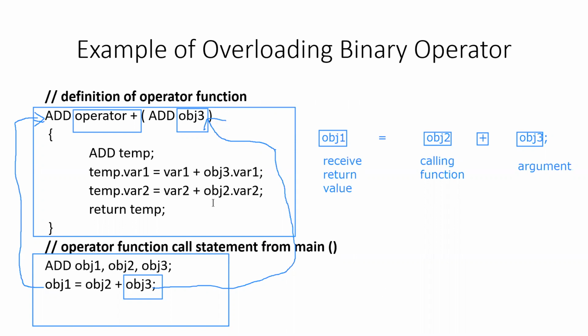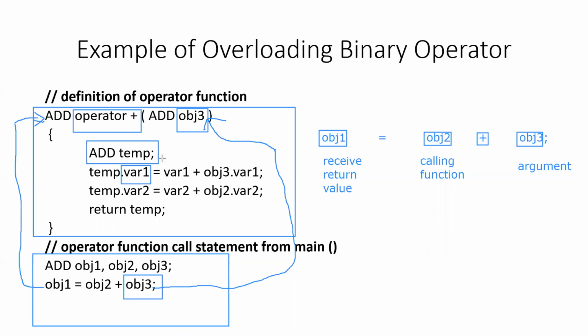So once we call this, the first statement inside the function definition to be executed is the creation of another object called the temp object. So the temp object has been created. What will be the value of the data member variable 1 of the temp object?